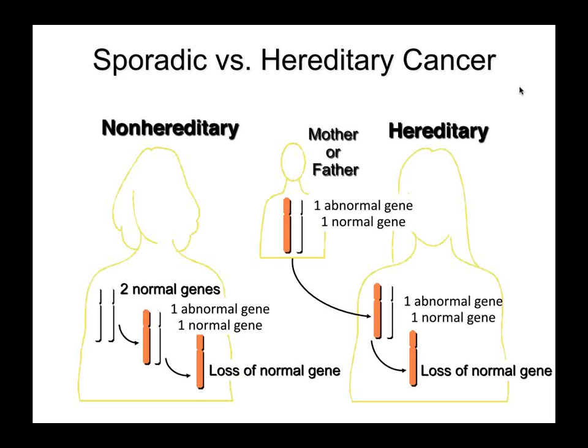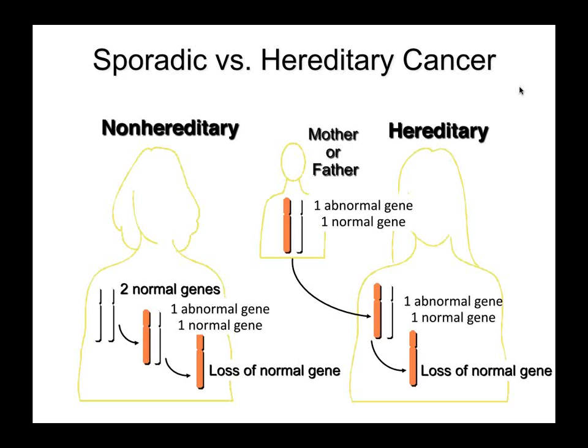On the right side, though, in the hereditary situation, it's much different. So this is a situation where, for example, a woman inherits from her mother or father one abnormal copy of a gene. And so it's present from birth, and that woman is normal in every way in terms of her development and all of the normal functions that her cells will do.